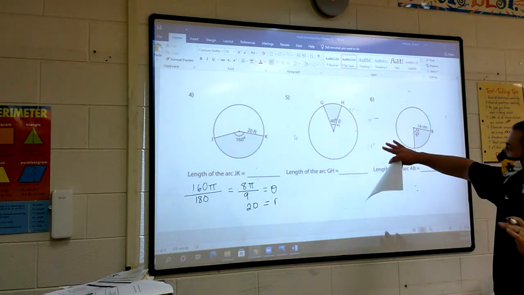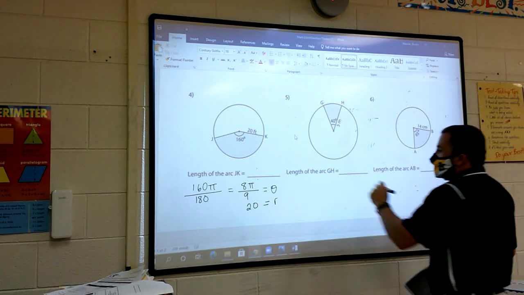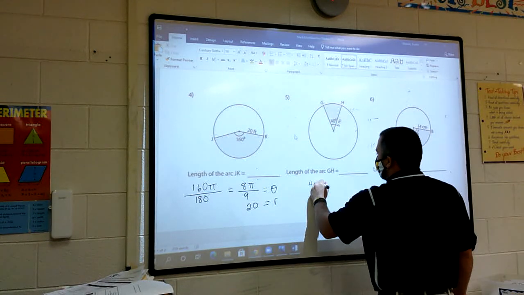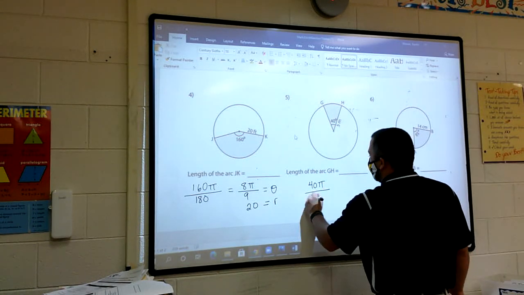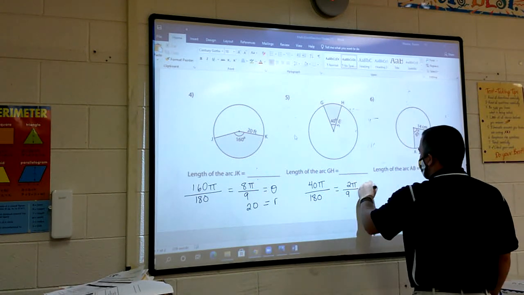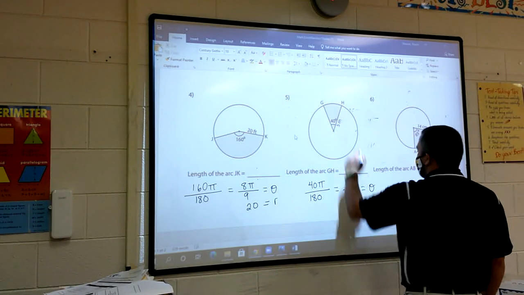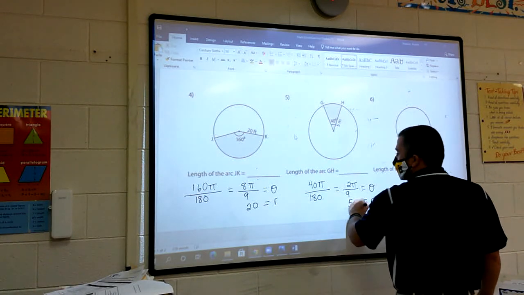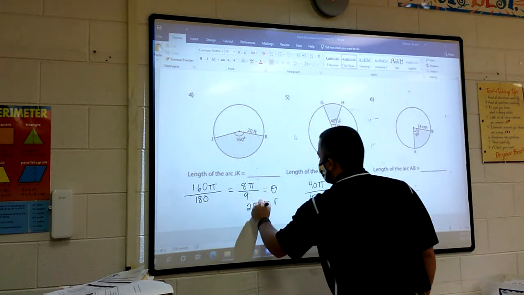Let's look at 5 real quick. Our angle is 40. So let's say 40 pi over 180. That would be 2 over 9. So 2 pi over 9 is our angle. And we already have our radius is 5. And this one it's 20 feet.